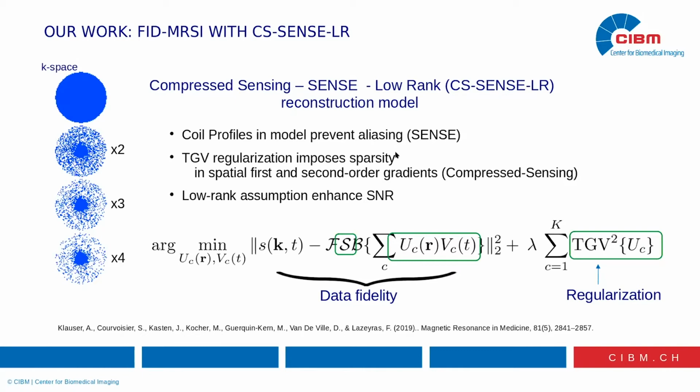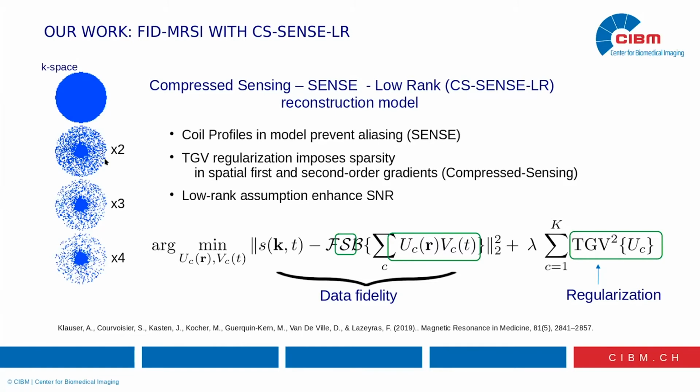The coil sensitivity profile helps to unalias the random undersampling. The random undersampling performed with compressed sensing will create some kind of pseudo-random aliasing in the data.